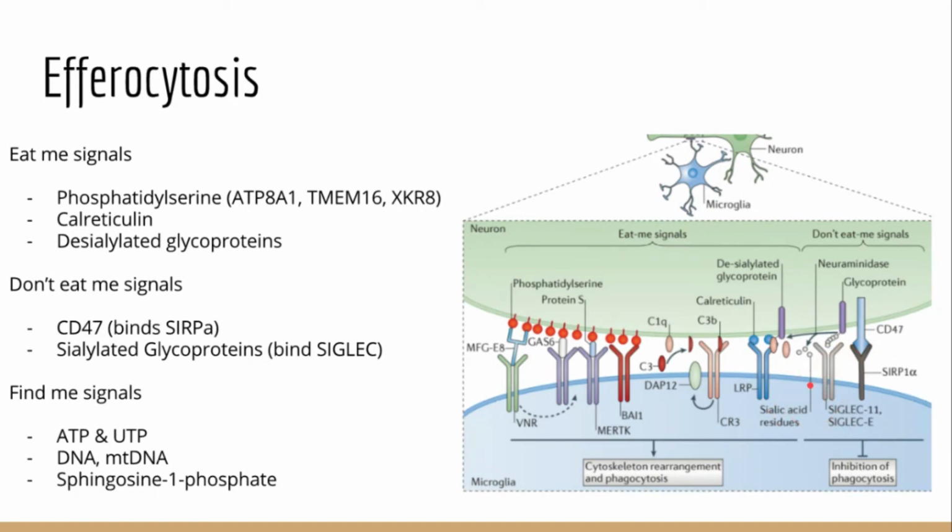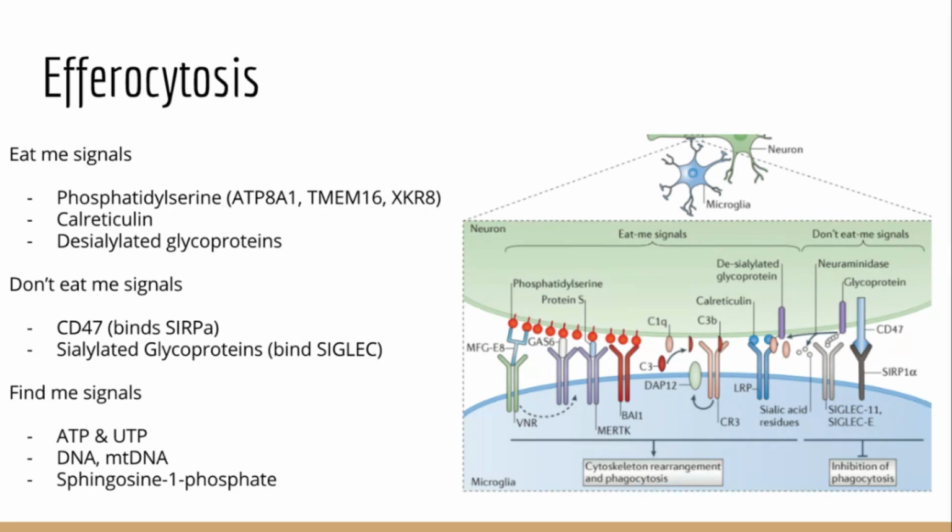It prevents the binding of these Siglec-E and Siglec-11 proteins. However, when a cell loses these sialic acids because of neuraminidase enzymes that cleave away the sialic acids, it allows the interaction between Siglecs and the desialylated membrane proteins, and this induces phagocytosis.